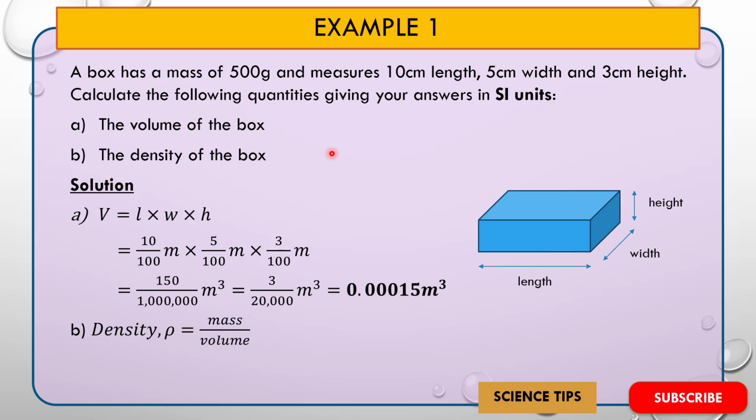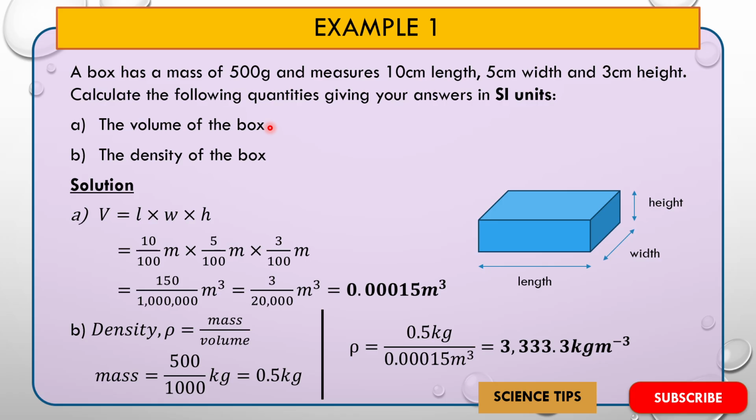Density equals mass divided by volume. Now that we have already got the volume, it's easier, because now we just need to take the mass, which is provided as 500 grams, and we convert that to kilograms by dividing by 1000, and then we just work out the density, which is mass divided by the volume, and we get that.